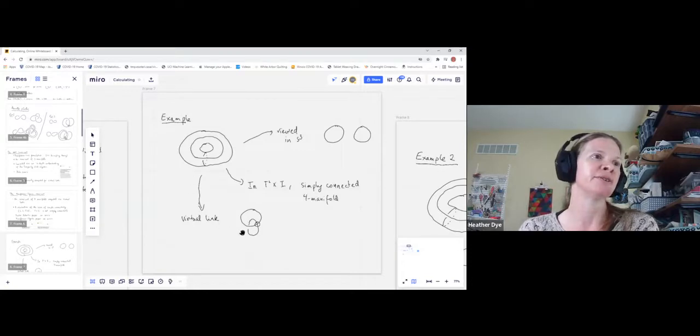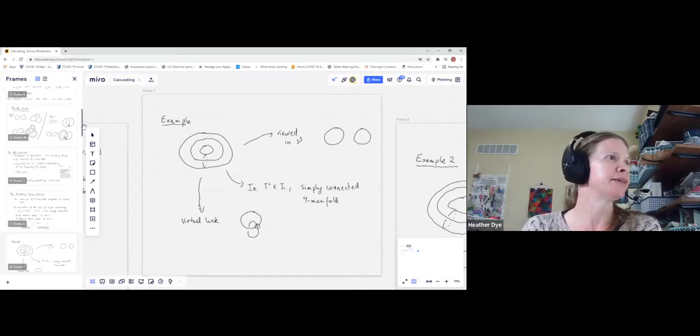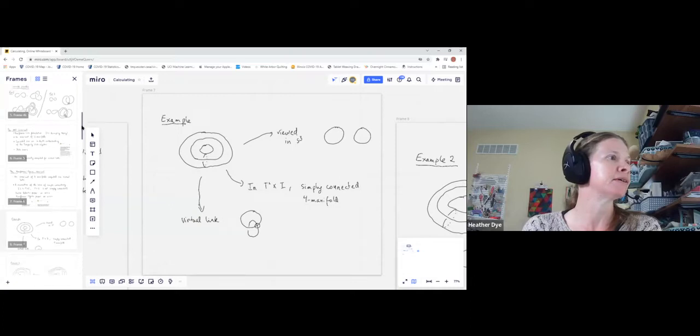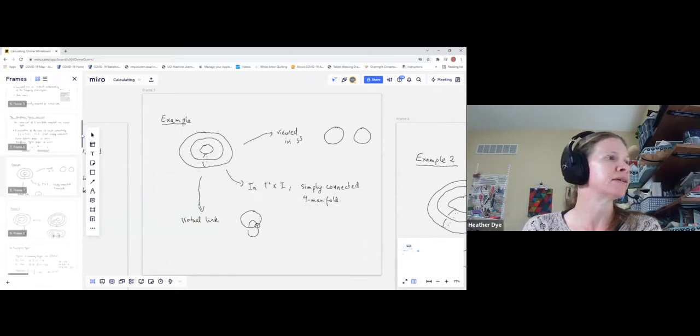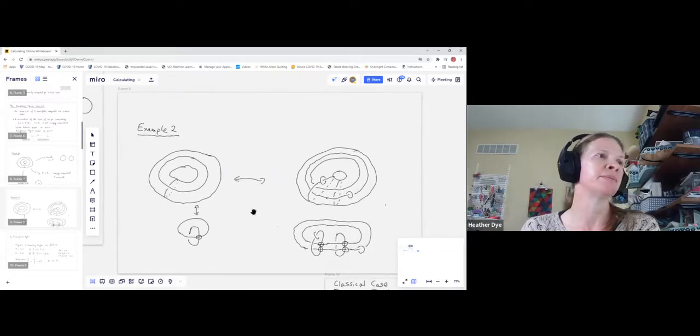But this also can be viewed as a virtual link. And this is the picture of the corresponding virtual link here. So we can perform our Kirby calculus with curves with simply connected.